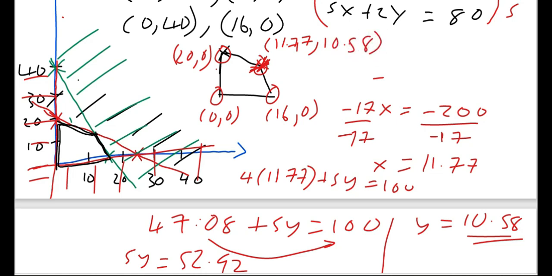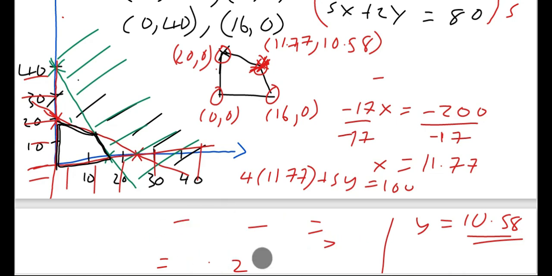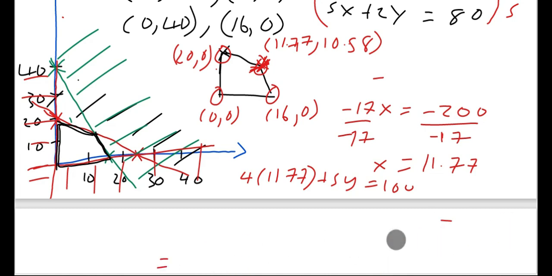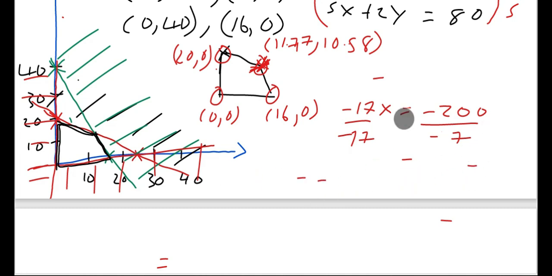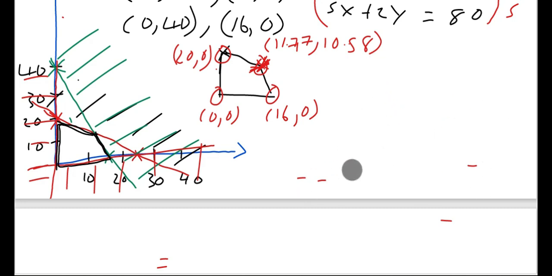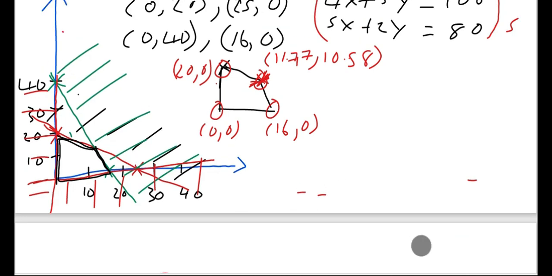Okay, now having gotten that, we can now substitute it on our objective function to see which one maximizes our profit. So that's the last thing that we are supposed to do. We have our 4 points, our 4 vertices. Now our issue is just to substitute on our objective function.